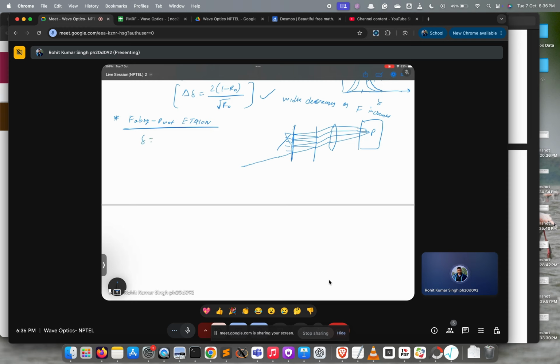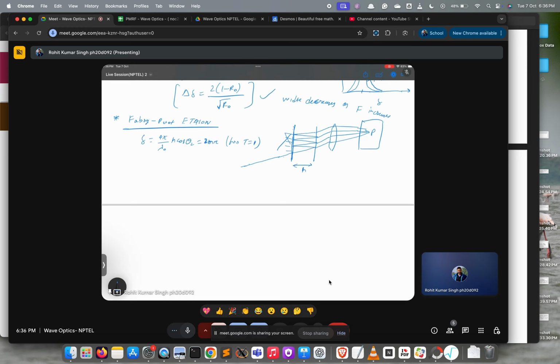We know the phase difference when this happens is given by 2 m pi, right? When the phase difference is 2 m pi, t equals 1. So this Fabry-Perot etalon only works when you have adjusted h to get this condition of 2 m pi phase difference.